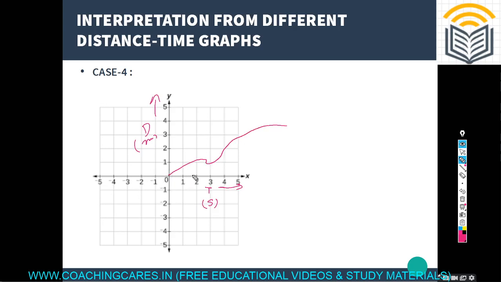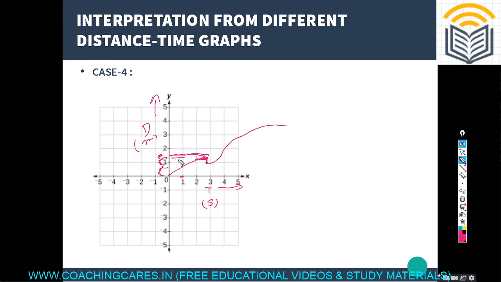In this graph you can notice that from this point, after 1 second the body movement is here. This is some distance which is less than 1 meter. Another 1 second, the body movement is at this point. Another 1 second, the body movement is here, which is very little, the minimum distance.